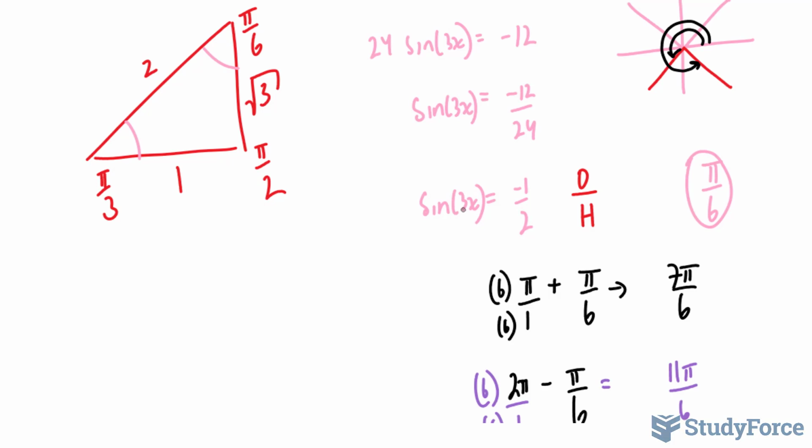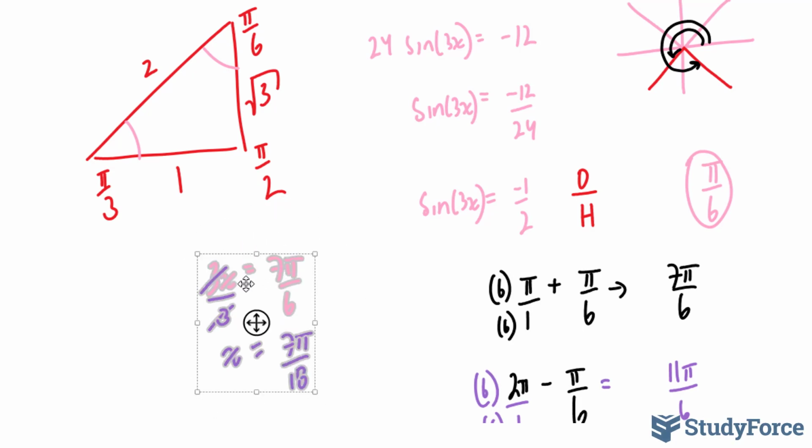But now keep in mind that we don't have sine x or sine theta. We actually have sine 3x. So what you're going to have to do next is take this angle and make it equal to 3x, and then subsequently solve for x. So let's do that one step at a time. Solving for x by dividing both sides by 3, we end up with x is equal to 7 pi over 18.